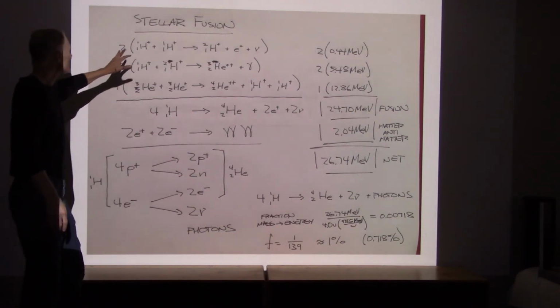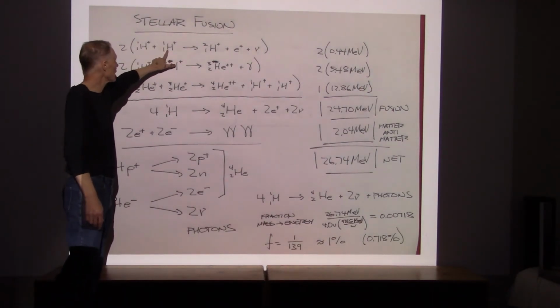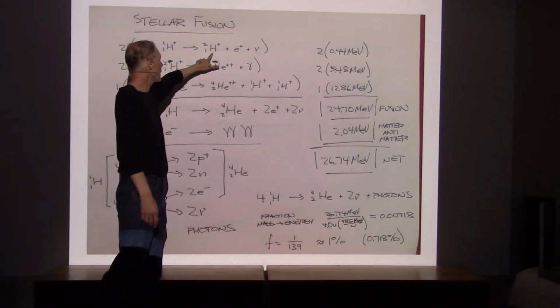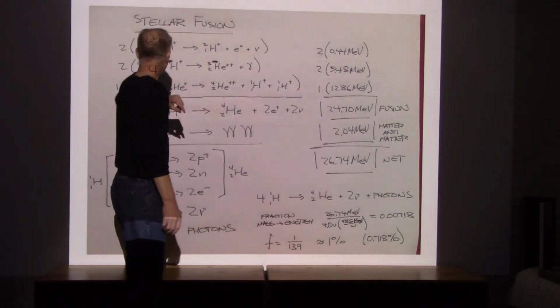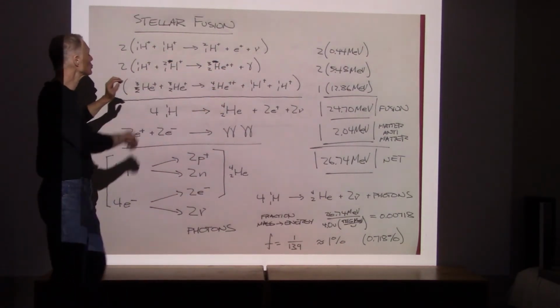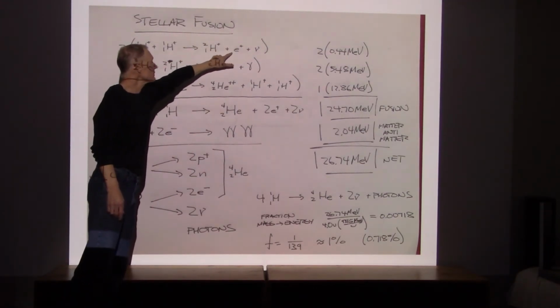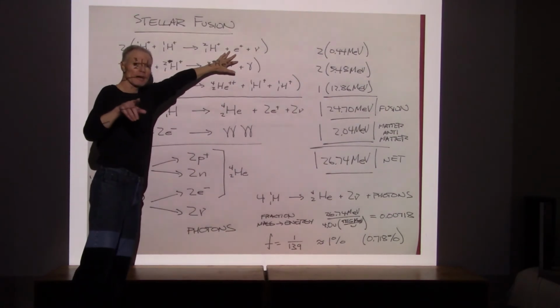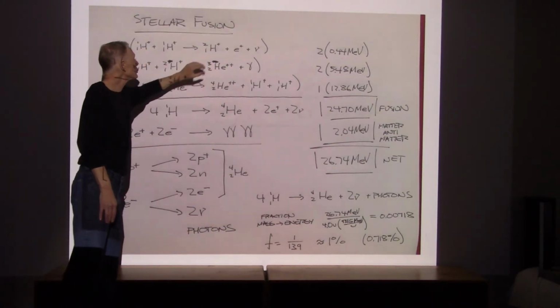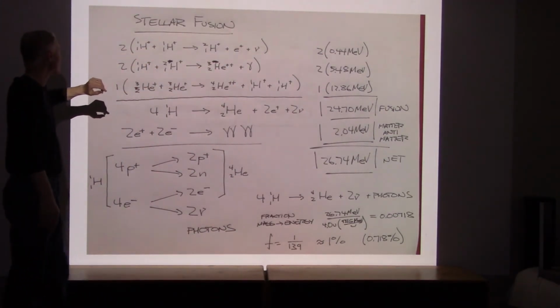And so this is really proton plus proton becomes deuteron plus anti-electron plus neutrino. And if I run that reaction twice, I'm going to get two of these neutrinos, which fly off, two anti-electrons, which we'll come back to, and then two deuteriums.